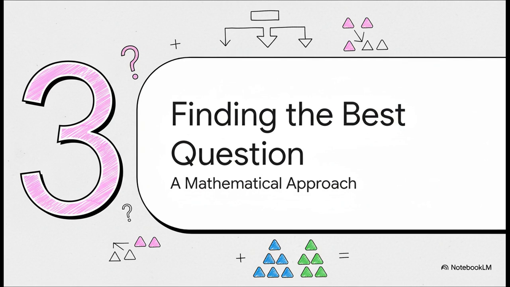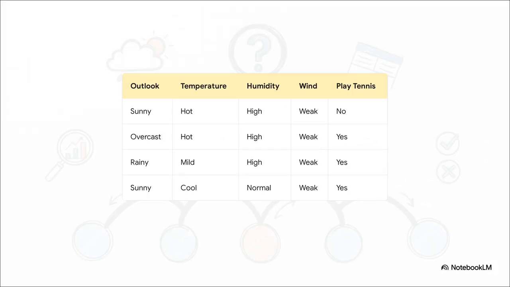Okay, let's get our hands dirty and look at some actual data. We're going to use a classic example that's perfect for this, predicting whether to play tennis based on the weather. Our mission is to predict that very last column, play tennis. The other columns, outlook, temperature, and so on, those are the features, the tools our tree can use to ask its questions.